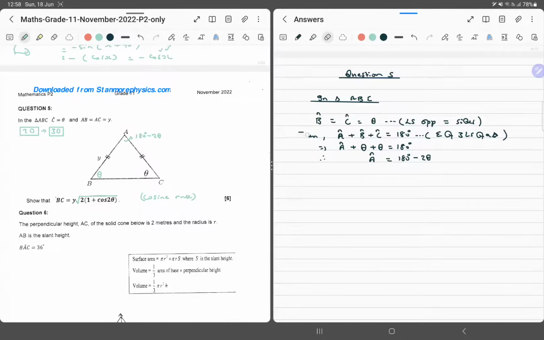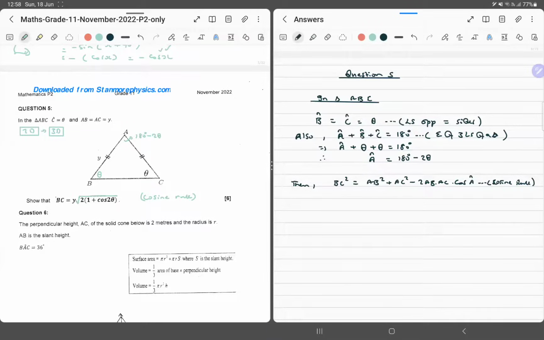What do we know? BC squared is going to be equal to AB squared plus AC squared minus 2AB times AC cos of A. Why is this? This is the cosine rule.